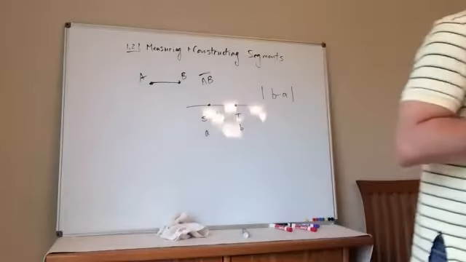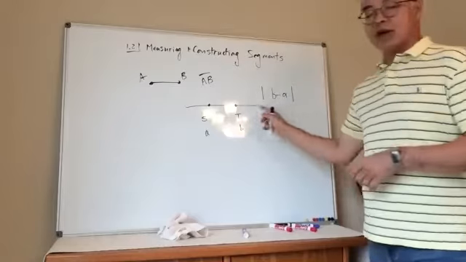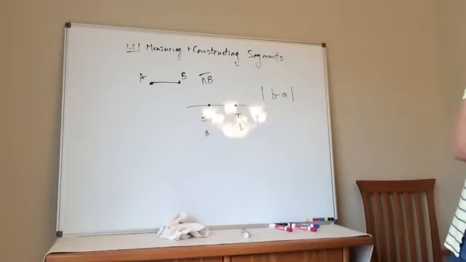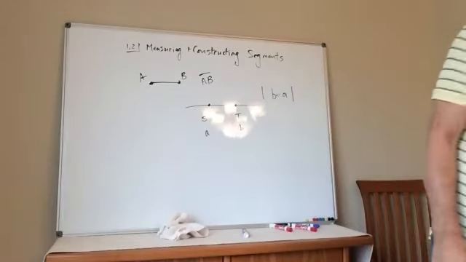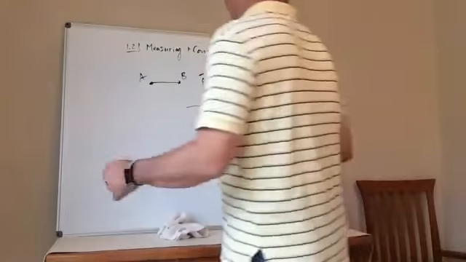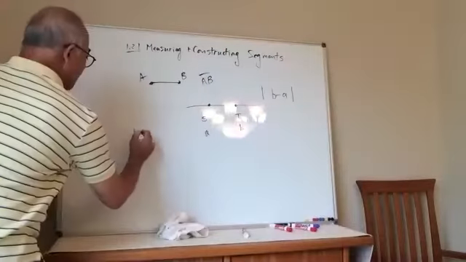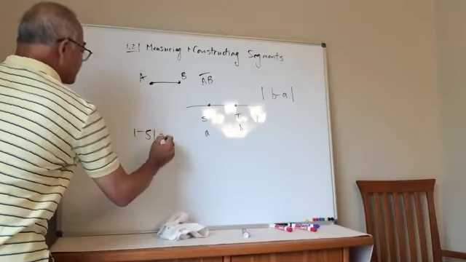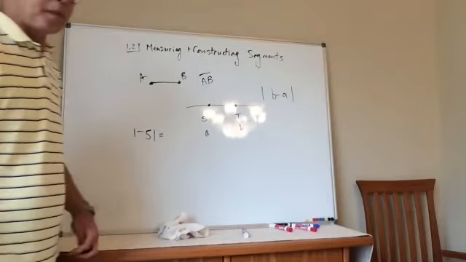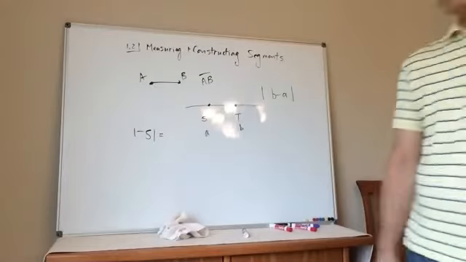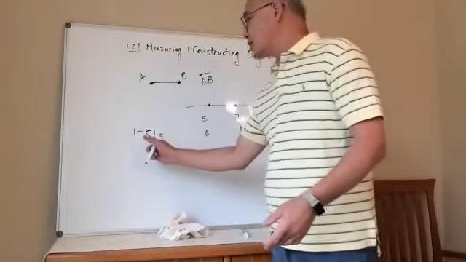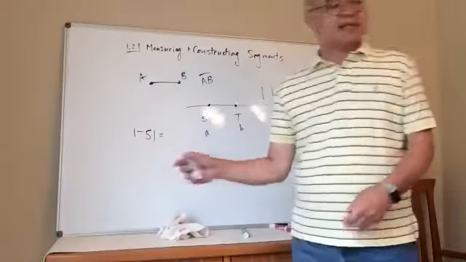Can anybody tell me what those 2 straight lines mean? Anybody? Absolute value. It's the absolute value, meaning what? If I have the absolute value of minus 5, what is the answer here? Anybody? 5. 5, right? So with the absolute value, you basically are taking away the sign.